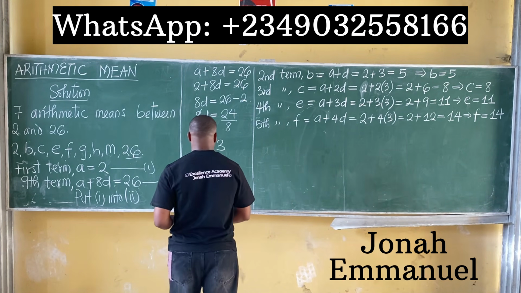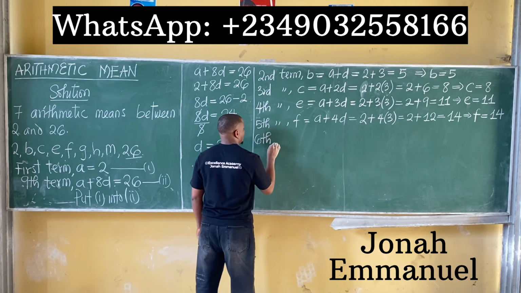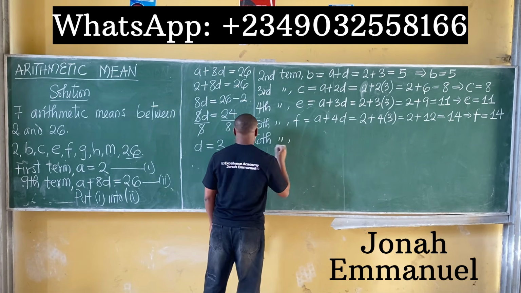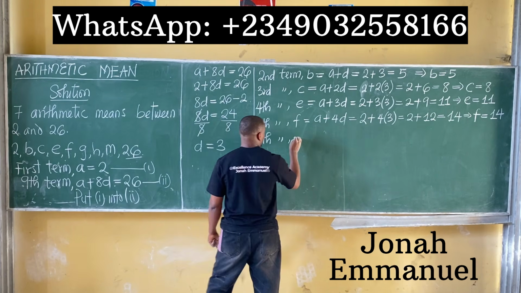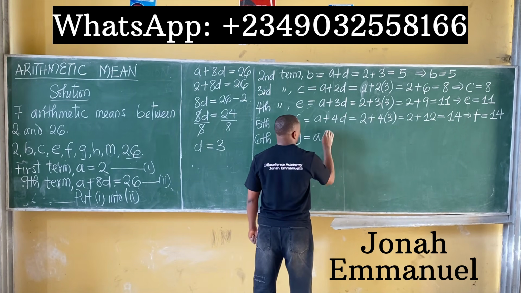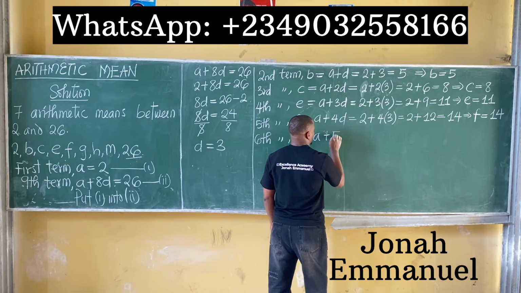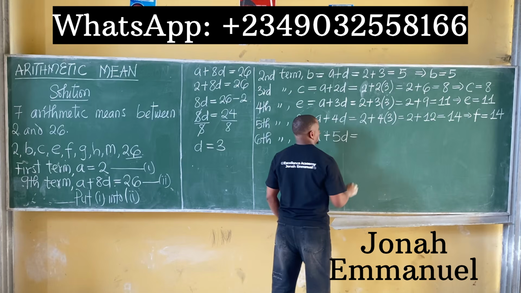All right, let's get the sixth term. The sixth term here is G, and G is A plus 5D.